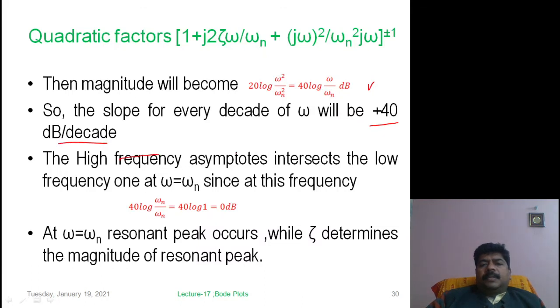The high frequency asymptote intersects the low frequency one at omega equal to omega n, where log 1 is 0, so that will be 0 dB. So the higher and lower frequency parts meet at omega equal to omega n, where the resonant peak occurs.